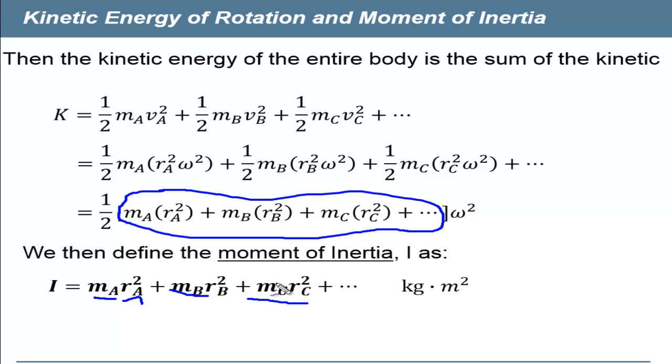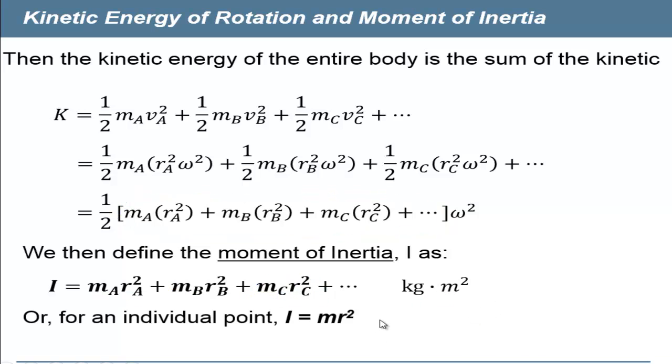And the units for this, well, mass is in kilograms and radius or distance is in meters, so it's kilogram meters squared. If we just had one individual point, we would simply say that the moment of inertia is a mass times r squared. And this r isn't necessarily the radius. It's important to remember it's just the distance from the axis of rotation. So I is equal to mr squared there.